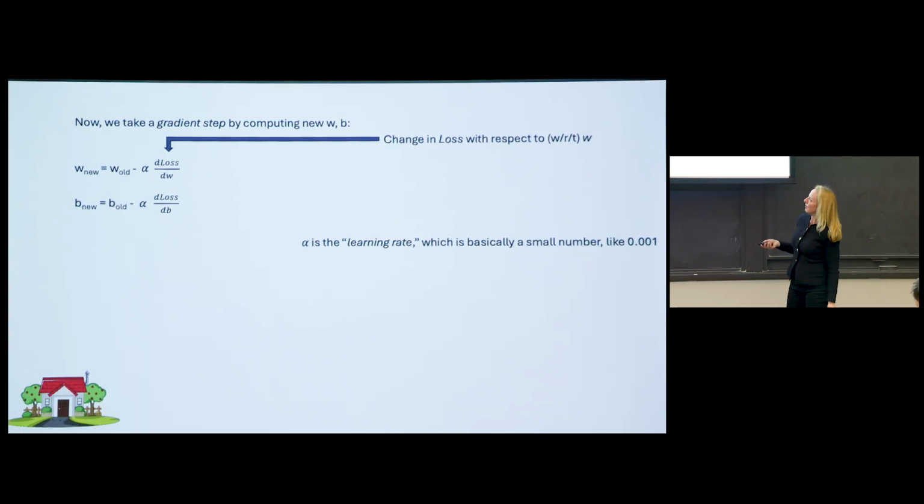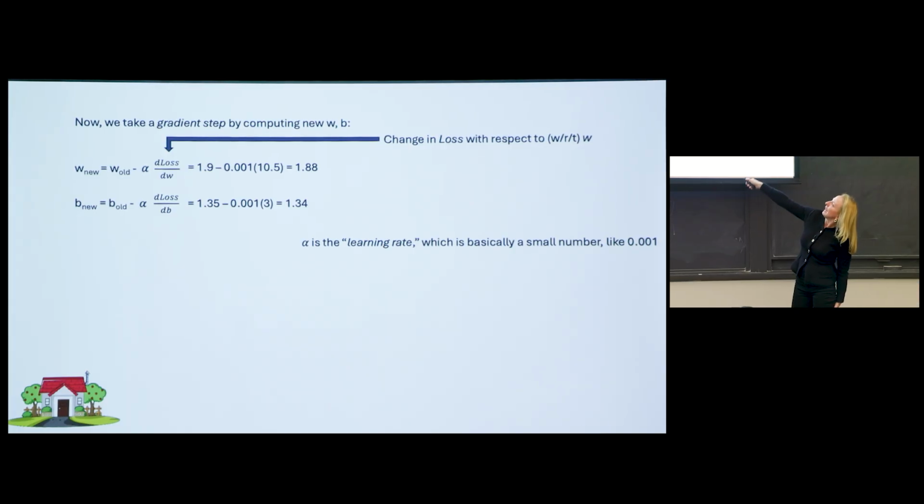And in this particular case, if I go through literally this computation, here I computed d loss dB, the change in the loss with respect to B, which is 3 here.